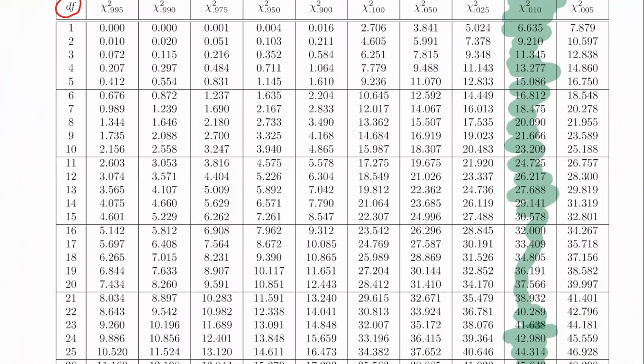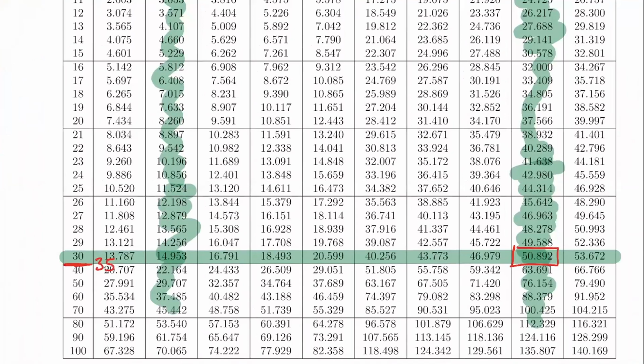So here's 0.99. I select this, keep on going down, and I get this number in between. So we get 14.953. Let me put that in the chat so I won't forget. Any question? I got 14.953.